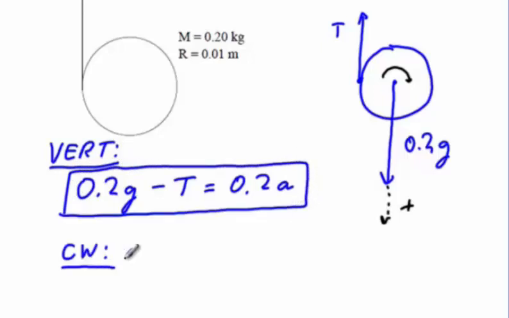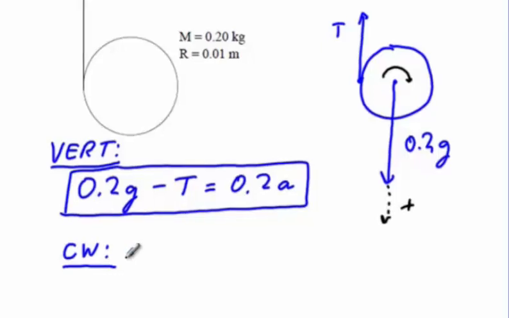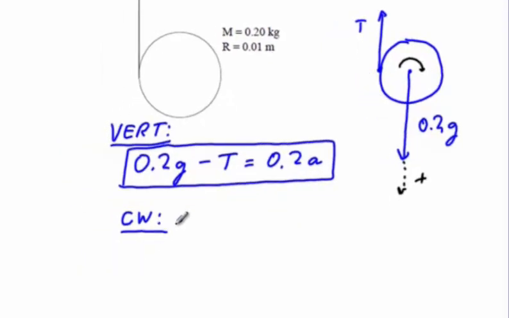Next, we analyze the clockwise direction. Clockwise is an angular direction, and so as a result, rather than summing the forces equal to ma, we will sum the torques and set that equal to I times alpha. When we look at the free body diagram, we need to determine any one force that leads to a torque in the plus direction.